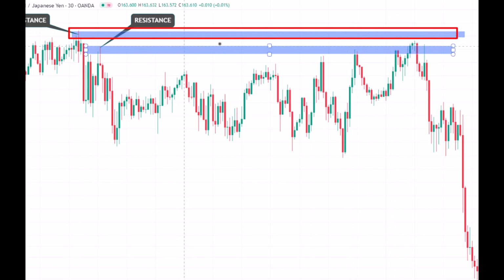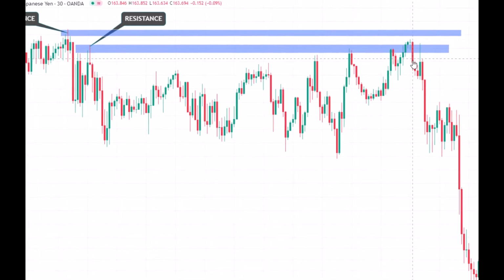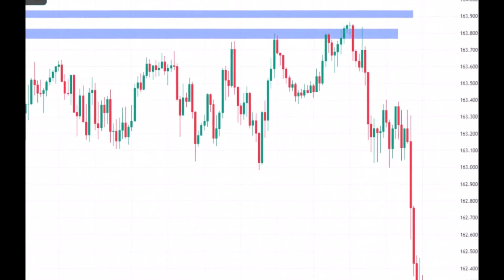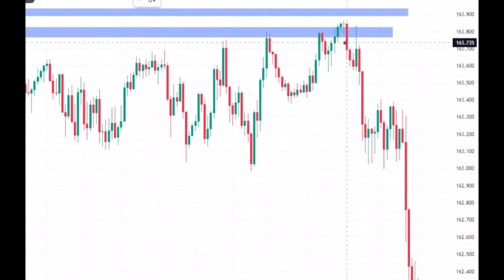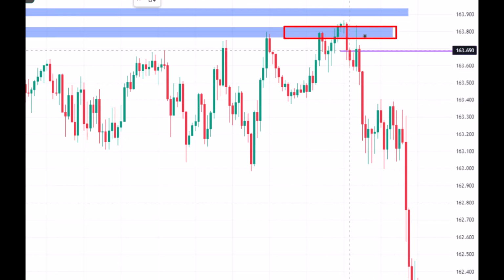At the next level of wicks, we notice price never attempted to reach through, but what happened? The next candle, it broke through and closes below this level of resistance, the wicks. Immediately that happens, you can decide to take a trade at that level where the candle closes, or two, you can take another trade upon the retest into that same level.